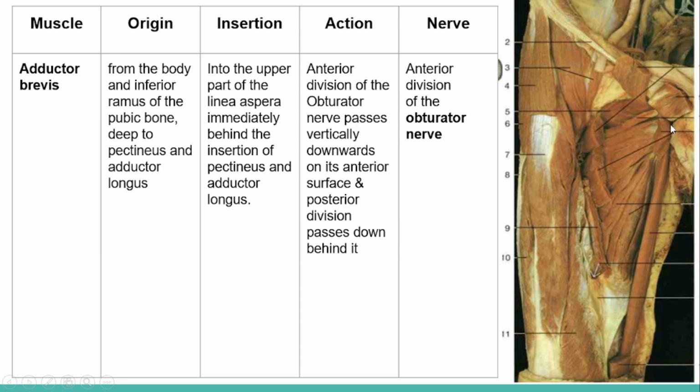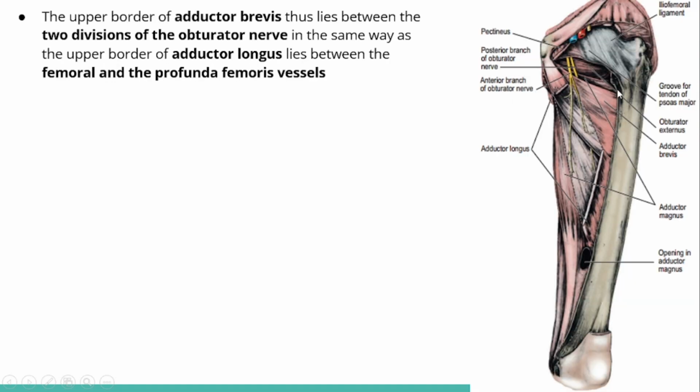The anterior division of the obturator nerve passes vertically downwards on the surface of this muscle, and the posterior division of the obturator nerve descends behind this muscle. So the upper border of the adductor brevis lies between the two divisions of the obturator nerve.